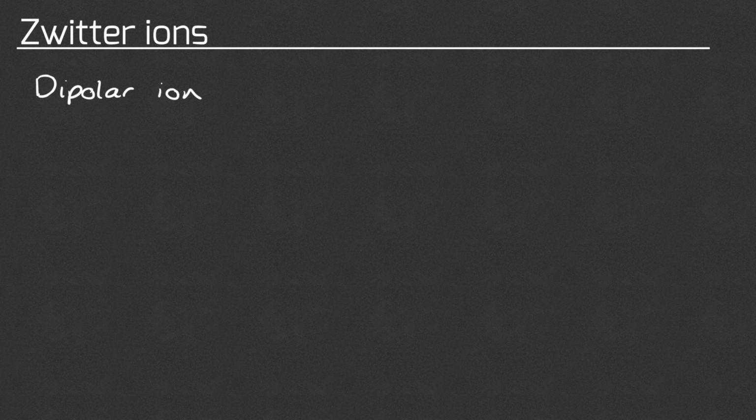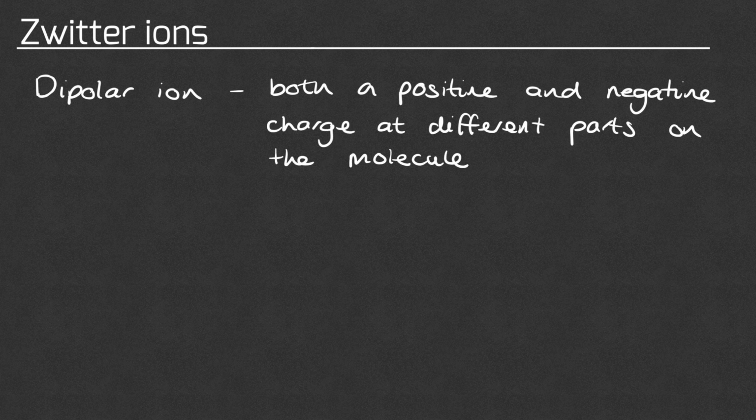A Zwitterion is a dipolar ion. This means that it has both a positive and a negative charge at different parts of the molecule. Zwitterions also have isoelectric points.